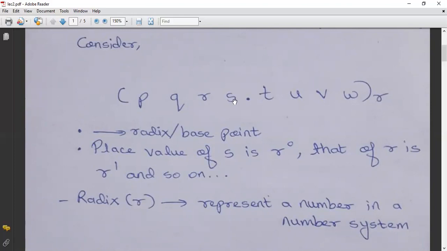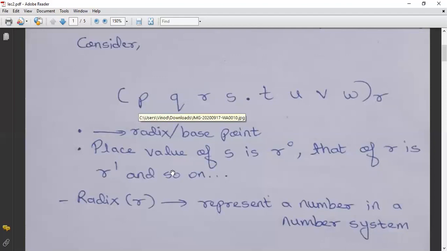And the face value will be S. When we go to the left of S, the place value will be R raised to 1 and the face value will be R. Similarly for Q, the place value will be R raised to 2 and the face value will be Q. And for P, the place value will be R raised to 3 and the face value will be P.